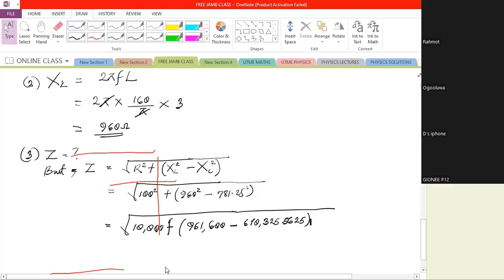So this is what we are subtracting to get the answer.